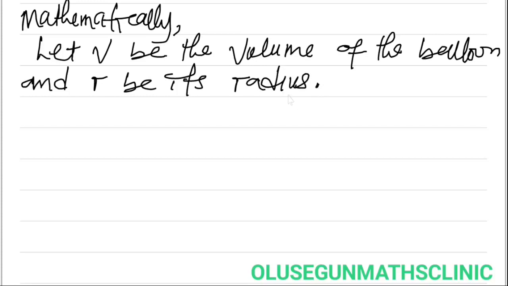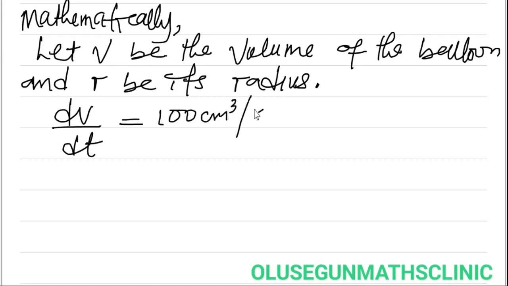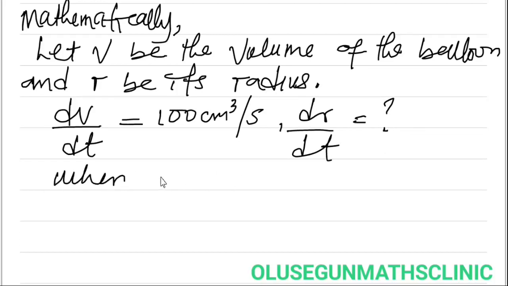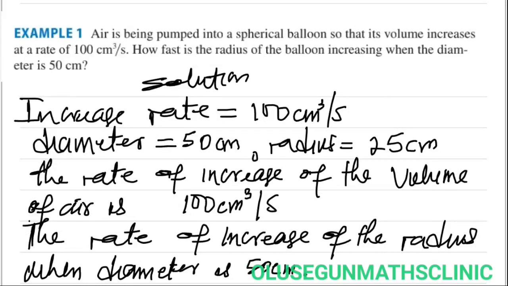So now, dV/dt is equal to 100 centimeter cube per second. The dR/dt is not given, we don't know it, when R is equal to 25 centimeter. From the value given, the diameter is 50 centimeter, therefore the radius is 25 centimeter.